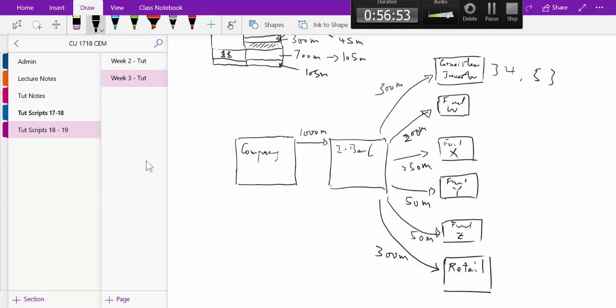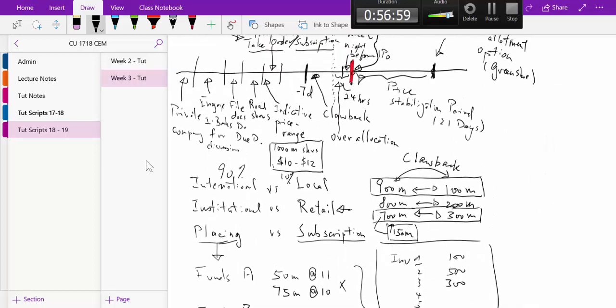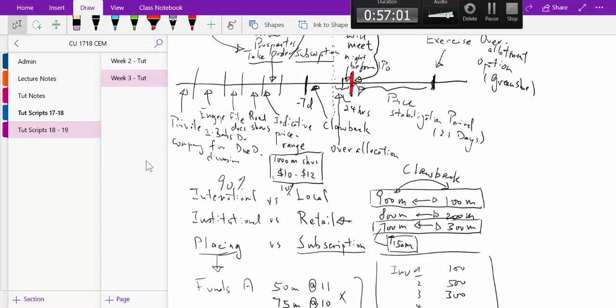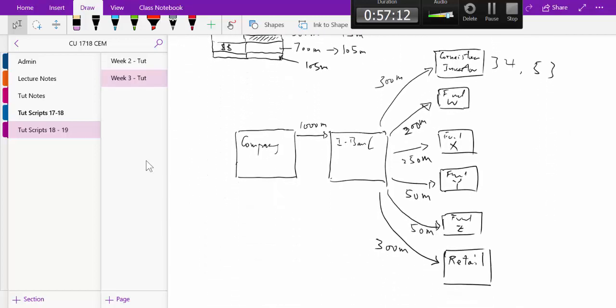When are these numbers, 300, 200, 250, determined? These are determined 24 to 48 hours prior to, I think it's really the night before, okay? So 24 hours before the IPO, when they do the over allocation.